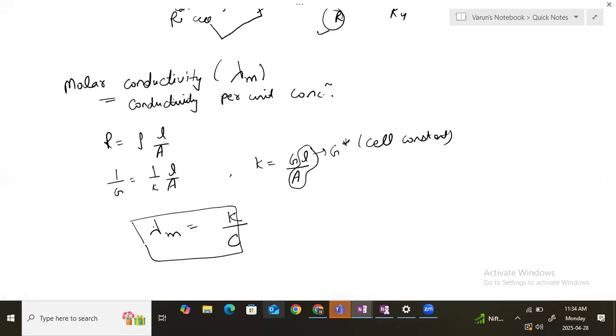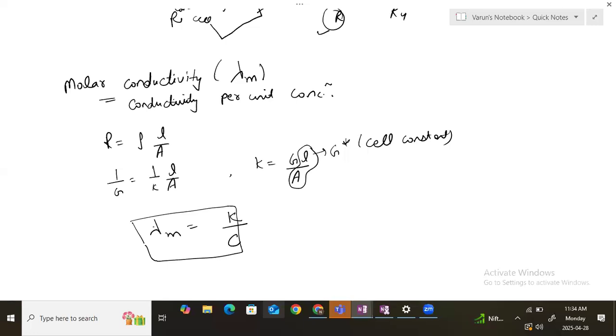So first one is the conductance, where the metallic and the ionic conductance was there. In the metallic conductance, the thing that you have to learn is the temperature effect. As the temperature increases, the metallic conductance decreases, sorry, inversely proportional.